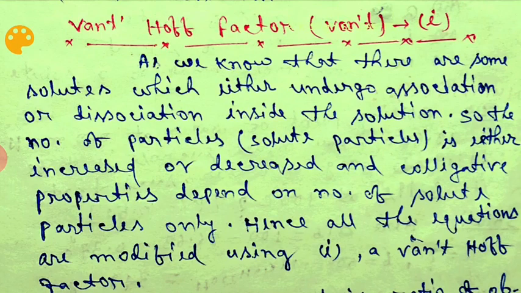And you have also read if solute particles undergo either association or dissociation inside the solvent or solution, then what happens? The number of particles is either increased or decreased. As we know, there are some solute particles which undergo association or dissociation inside the solution.